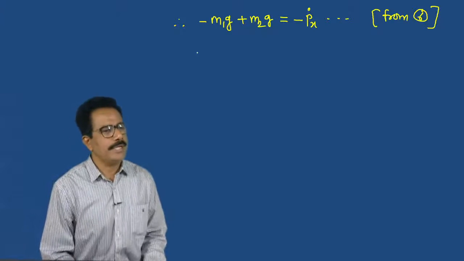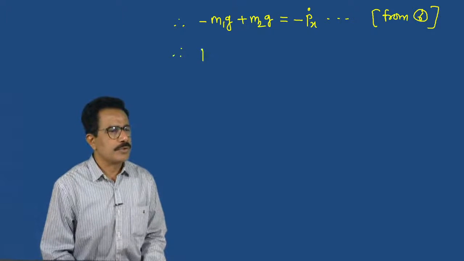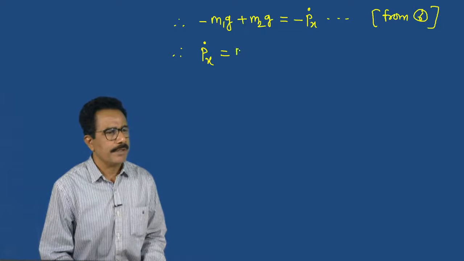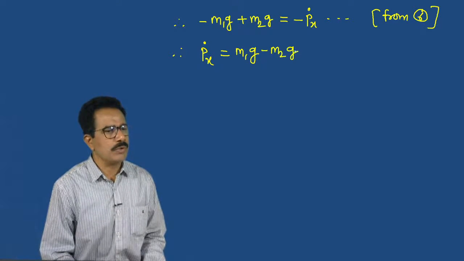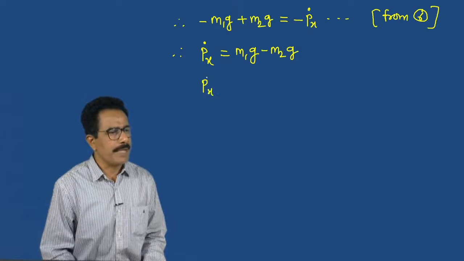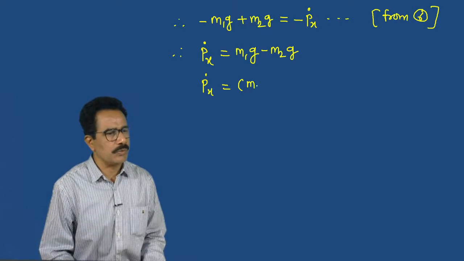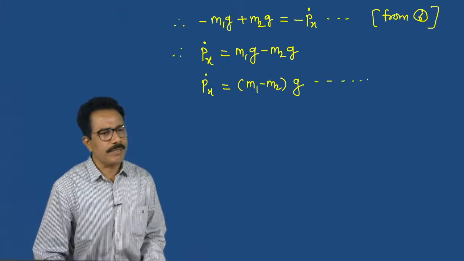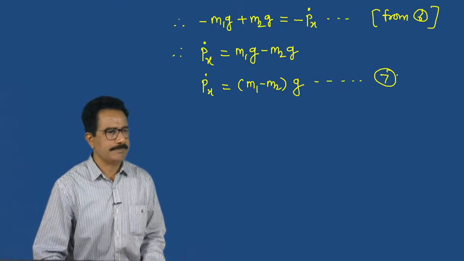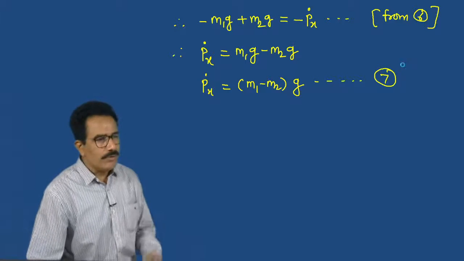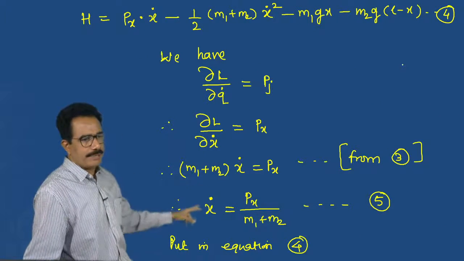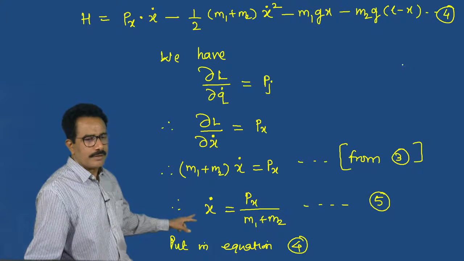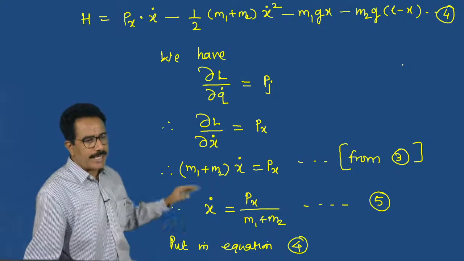ओके, सो इट्स राइट, इट इज ओके. So we can write px dot is equals to m1g minus m2g. So px dot is equals to m1 minus m2 into g. So this will be equation 7. Now, but from equation 5 we can write.